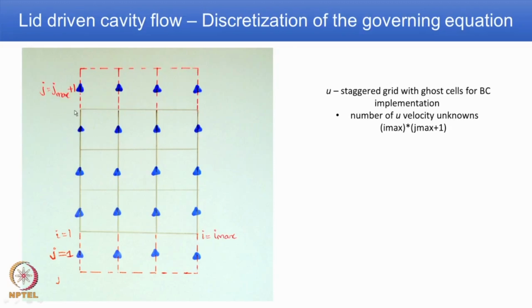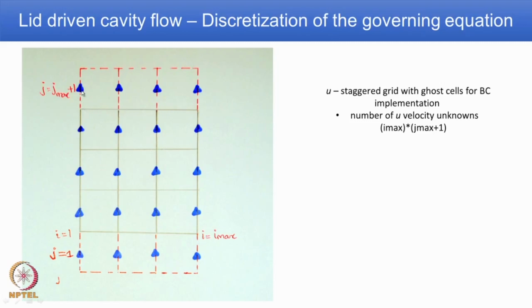What is shown here is for the y direction: the thick black line is the actual grid arrangement, so 3 by 3, then we have a ghost node defined extending the domain. So, we have a red color ghost line. So, J is actually J max plus 1, because J max is actually the last horizontal black color line.